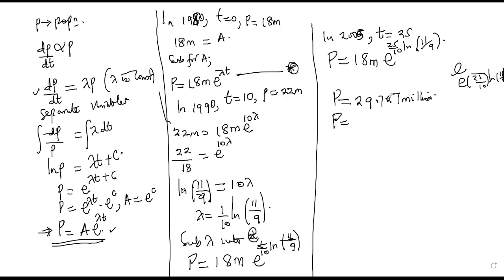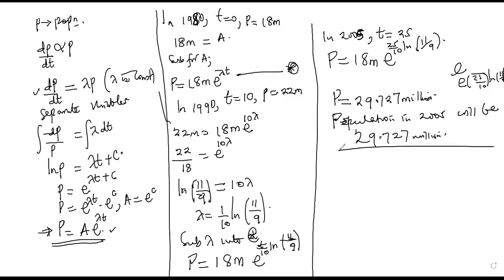But because you are multiplying by million, the zeros take care of this. So we can conclude that the population in 2005 will be 29.727 million.